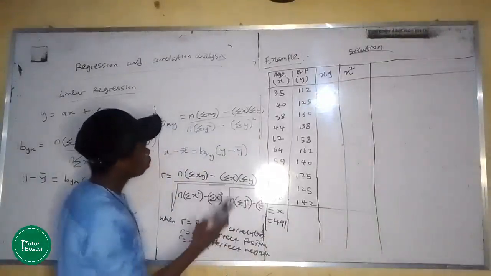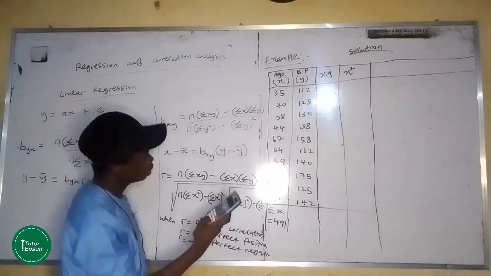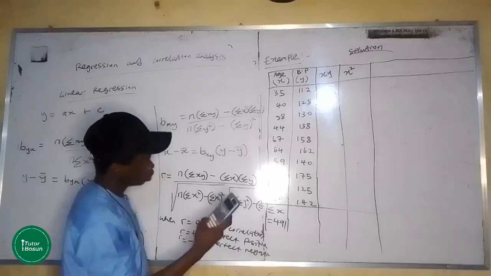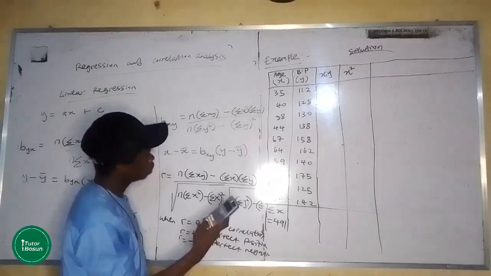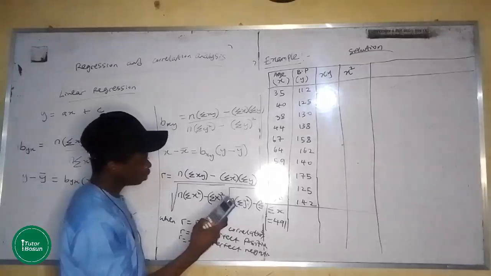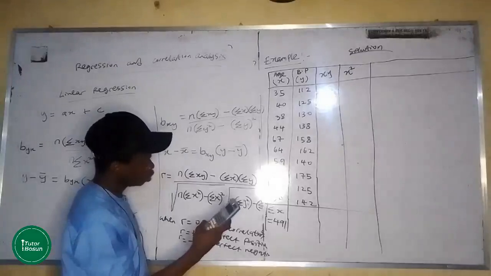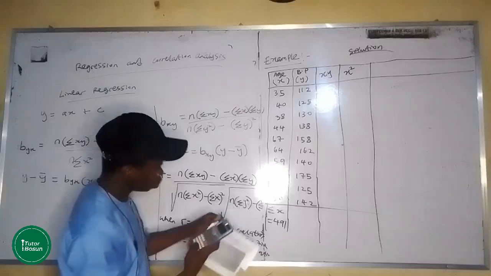So we have Y as well, 112 plus 128 plus 130 plus 138 plus 158 plus 162 plus 140 plus 175 plus 125 plus 142 plus 142.